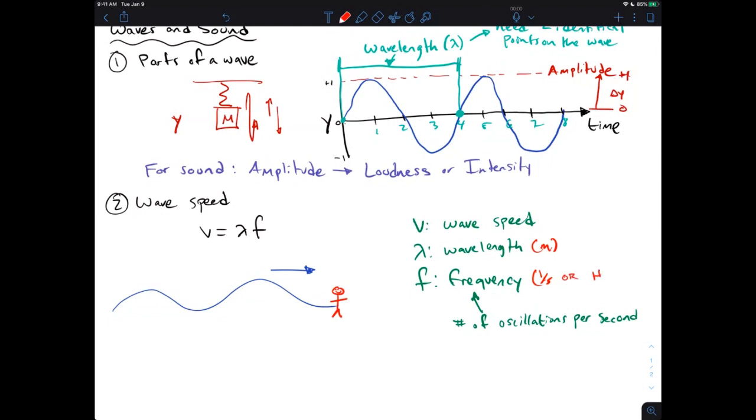Hertz is just the nickname we give this. It just means 1 over seconds. That's it. And you can see here already, if I multiply these two things together, I have meters times 1 over seconds. This is equal to meters per second. Perfect. Meters per second is my wave speed.